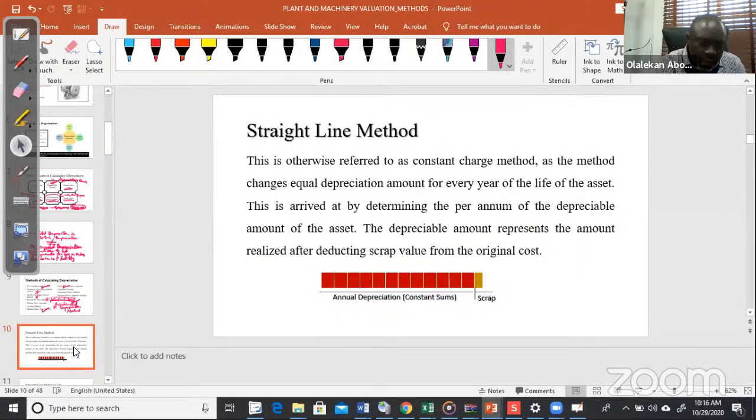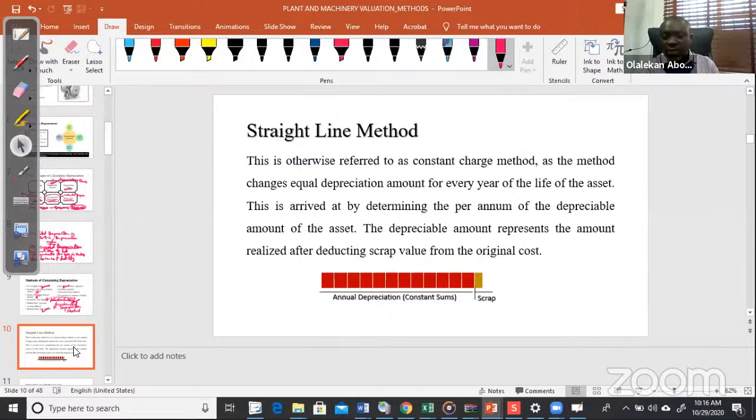So we want to pick the straight line method. Straight line method charges the same figure year in, year out. That's why it is called the constant sum method or fixed sum method, right?